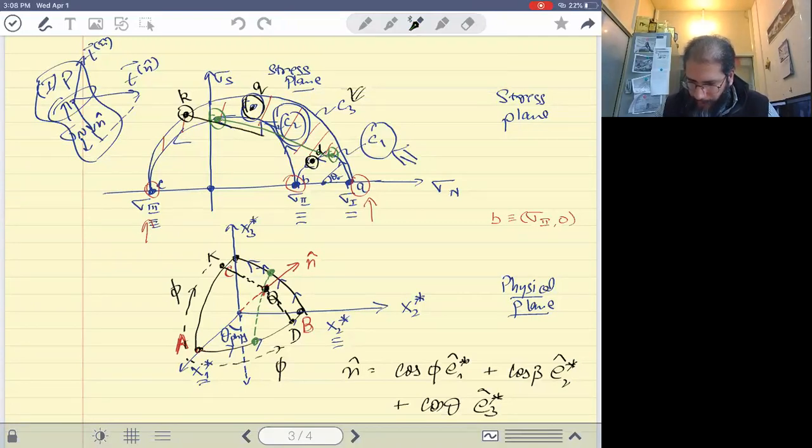I'm not drawing it very well, but the intersection of this black one and the green one definitely has to lie in the feasible stress region.